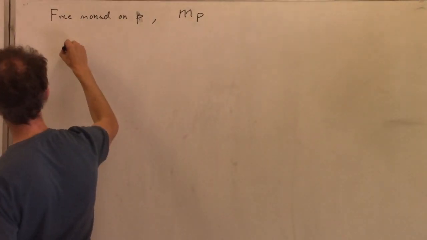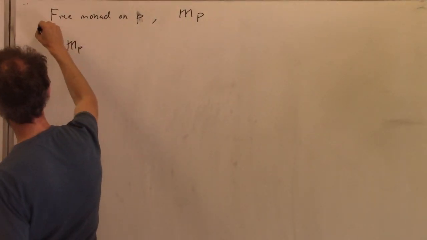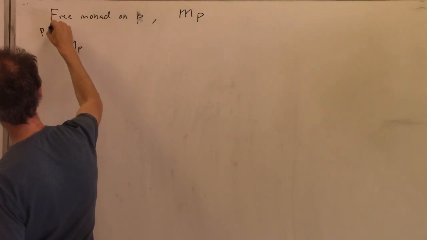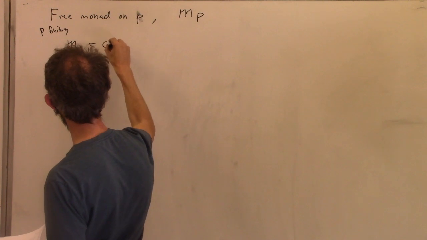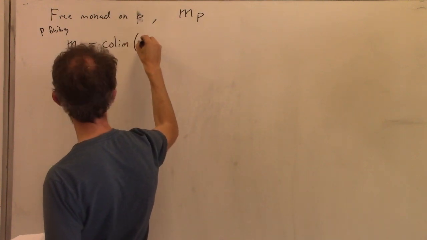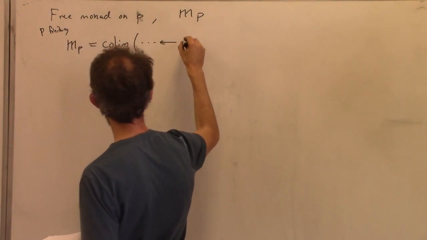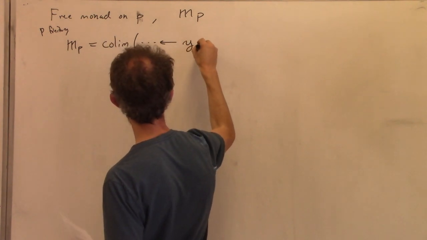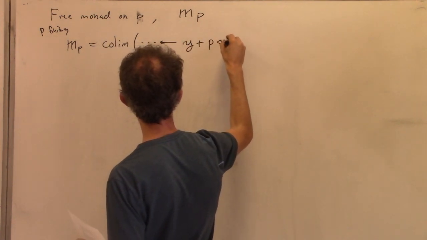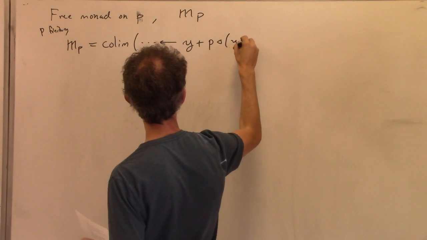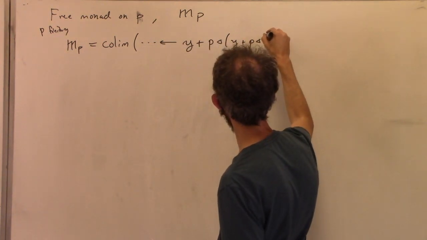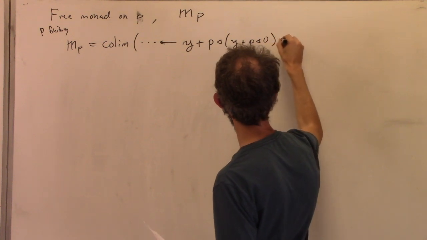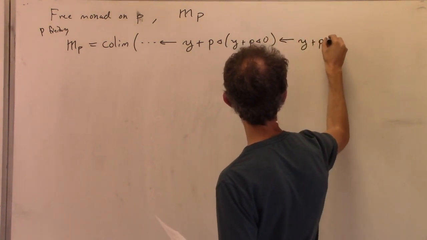It's given by, I'm going to assume P is finite here, the colimit of y plus P composed, y plus P composed of something, y plus P composed of something.